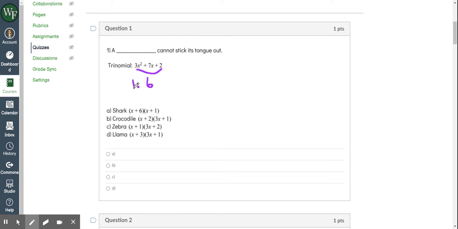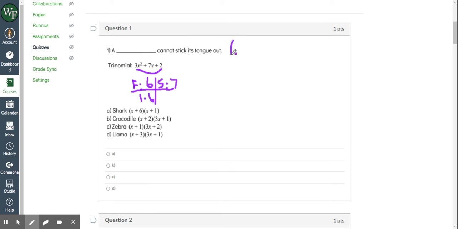So I'm looking for factors of 6 that have a sum of this middle term here, which is 7. You're trying to think of two numbers that multiply to 6 that add to 7. There's only two factor pairs of 6, 1 times 6 and 2 times 3. Which one adds up to 7? 1 times 6.